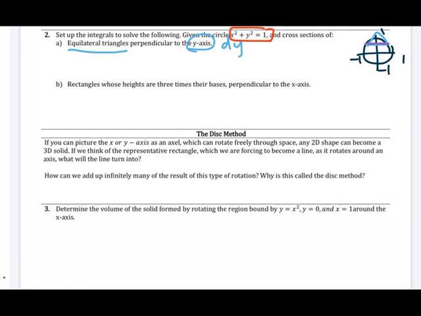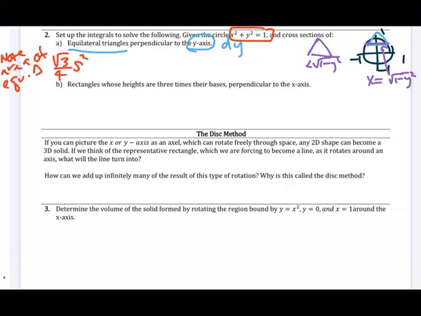Well, if we solved this equation in red for x, we would get that x equals the square root of 1 minus y squared. So that would be this length right here, which means that one side of the equilateral triangle would be 2 of those: 2 times the square root of 1 minus y squared. That's what each length would be.